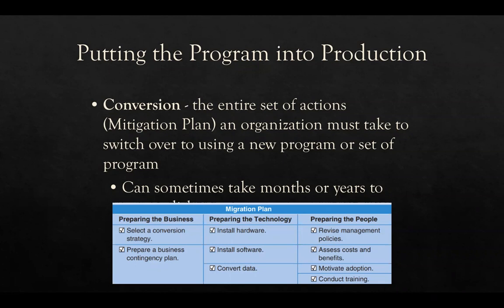Now, there are different ways to convert or switch a company over from using the old way to the new program. This concept is covered in more details when you study systems analysis. For now, I just want you to be aware, while a company is in the process of converting to a new program, you're not going to be able to leave for a vacation. Programmers are an integral part of this process.